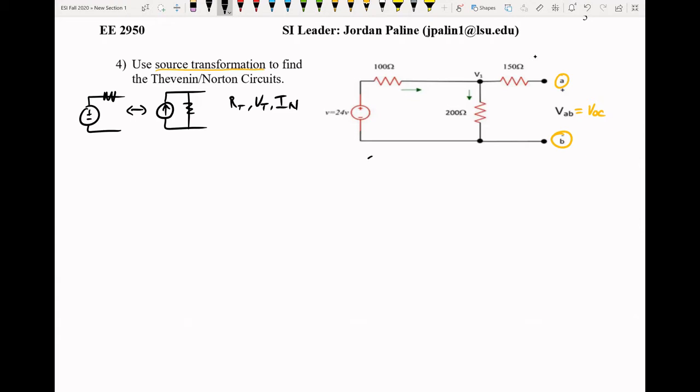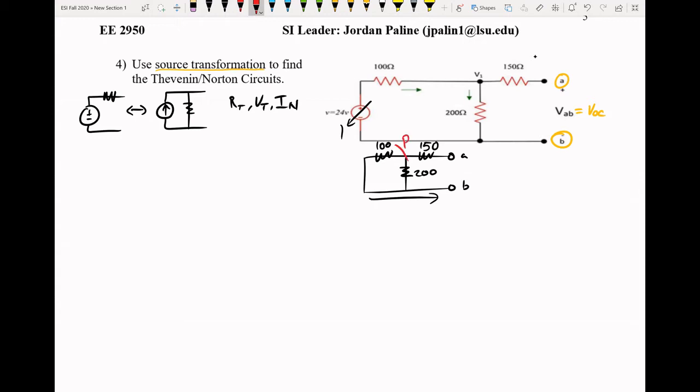We'll replace this with a wire, and we'll get this circuit. 100 ohms, 200 ohms, and then 150 ohms. A and then B, we're working that way.